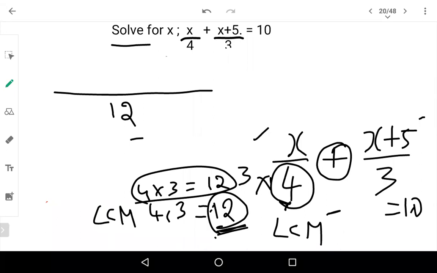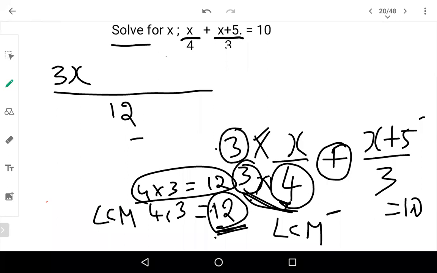So when I multiply something with 3 in the denominator, I should also multiply 3 in the numerator. So what will happen? In the denominator, I have 3 4s are 12. So in the numerator, I will write 3x. Why 3x? Because I multiplied 3 for the denominator, I multiplied 3 for the numerator.